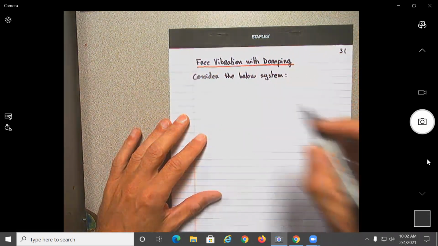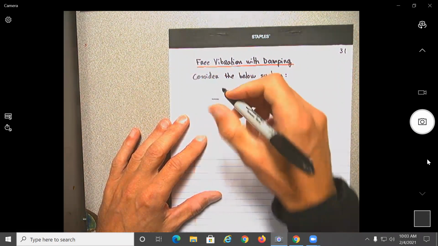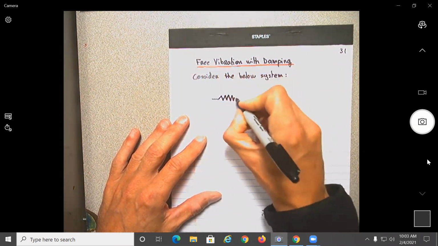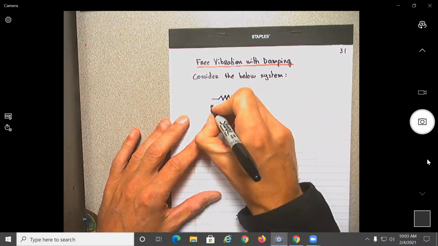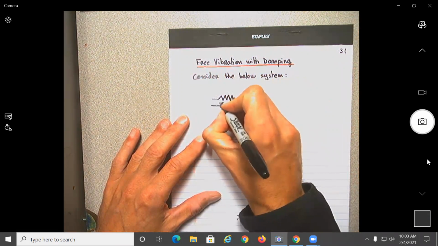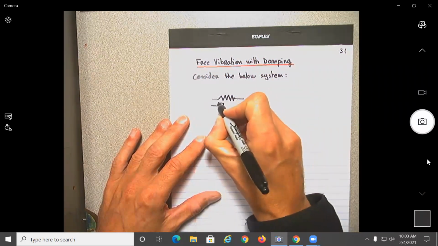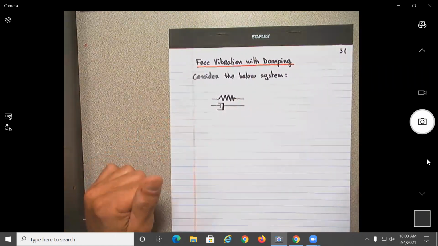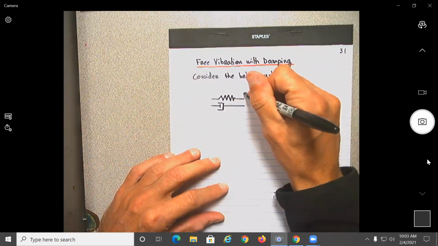system. This time we still have our spring, but we're also going to have a damper, and it's going to be considered a viscous damper. This will be connected to a block.